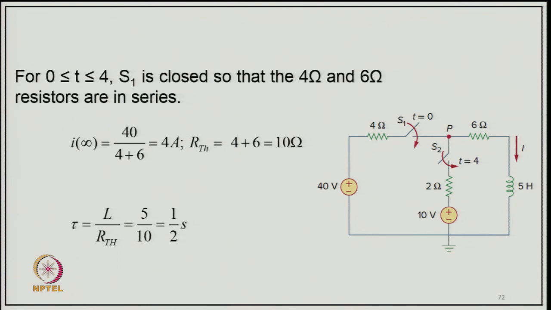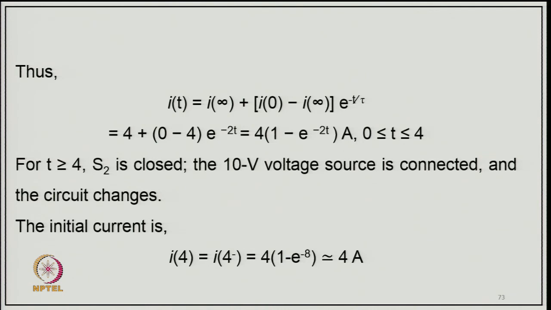Tau will be L upon RTH equal to 5 upon 10, that is half second. Now using the solution from the first part, I(t) equals I infinity plus (I(0) minus I infinity) e to the power minus t upon tau, that is 4 plus (0 minus 4) e to the power minus 2t, so 4(1 minus e to the power minus 2t) ampere for 0 to 4 seconds.